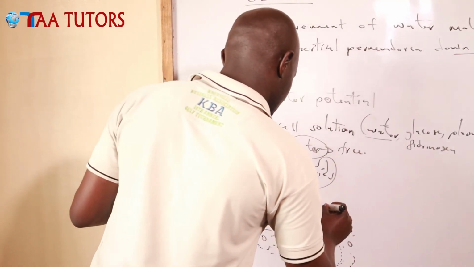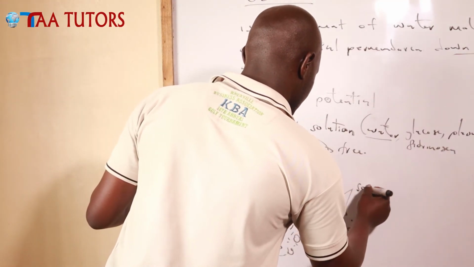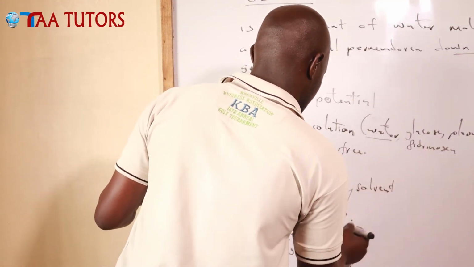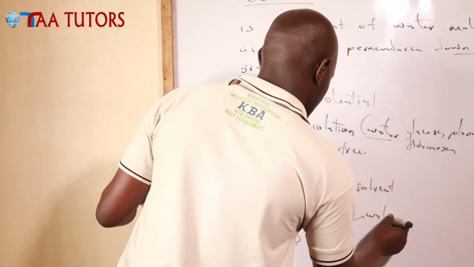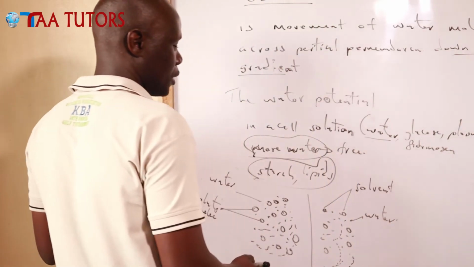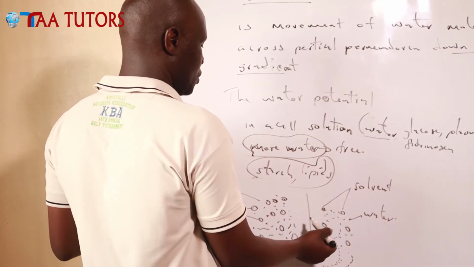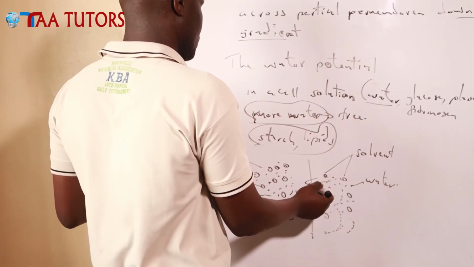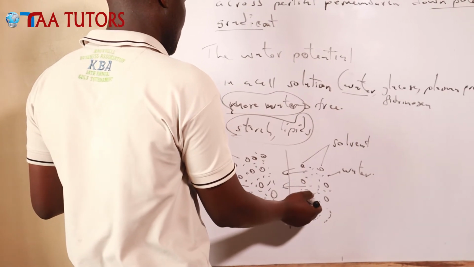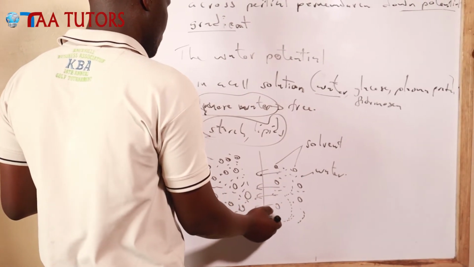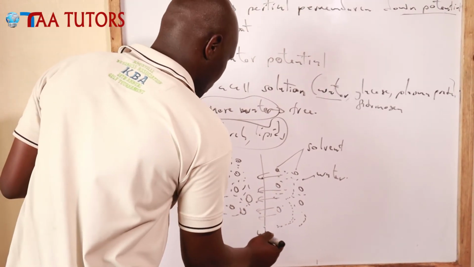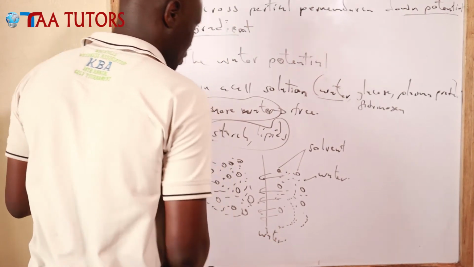If I look at the solvent here, they are few. And the water molecules here, there are many. So we are seeing that the potential is high that they are going to move because they are free. So they can move by osmosis. Osmosis can take place here. What is going to move here is the water molecule. They are moving, so osmosis is going to take place.